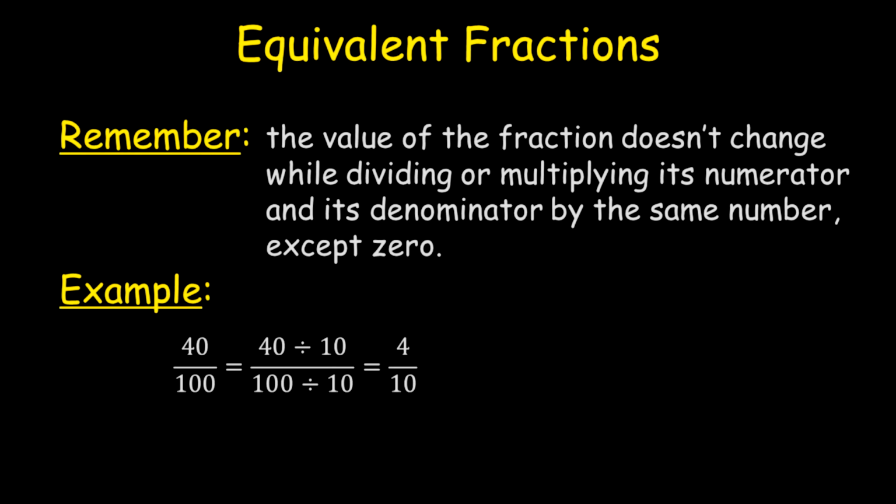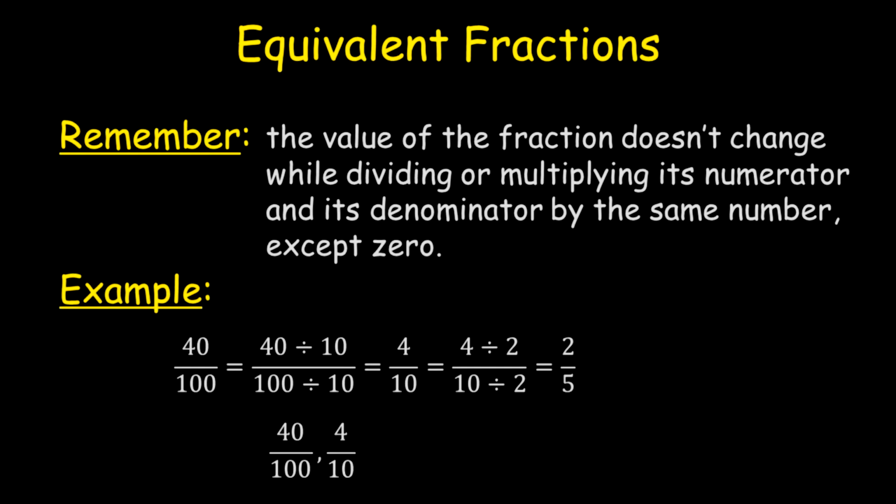We have got 4 tenths. Go on and divide 4 by 2 and 10 by 2, getting 2 fifths. 40 hundredths, 4 tenths, and 2 fifths are equivalent fractions.